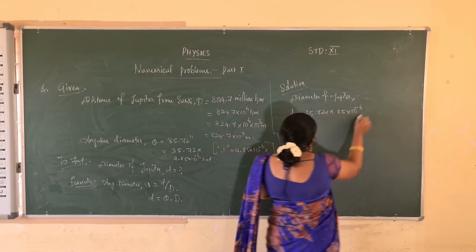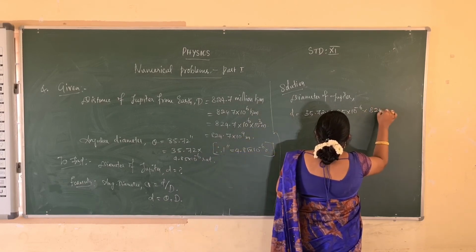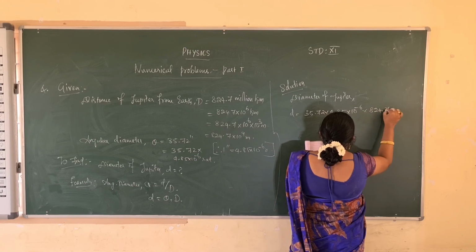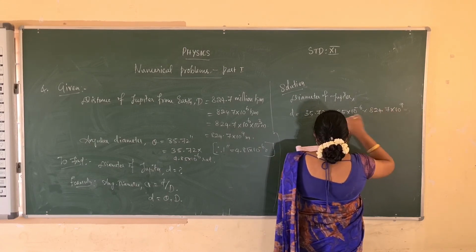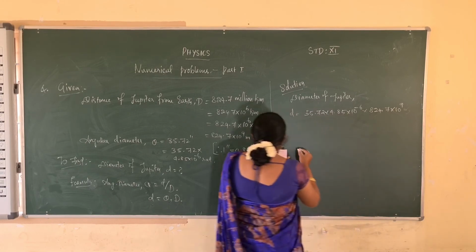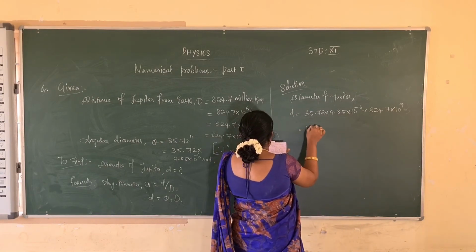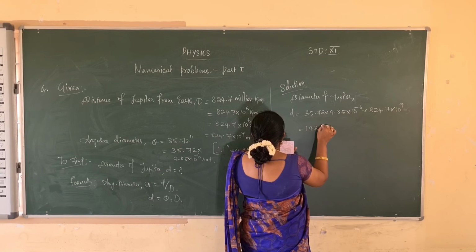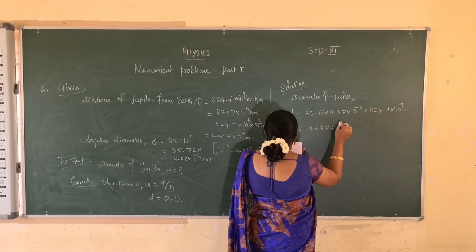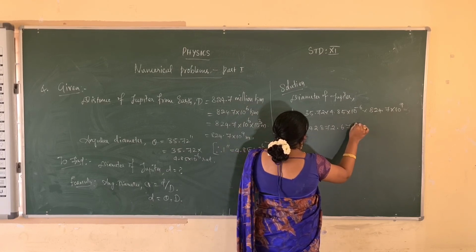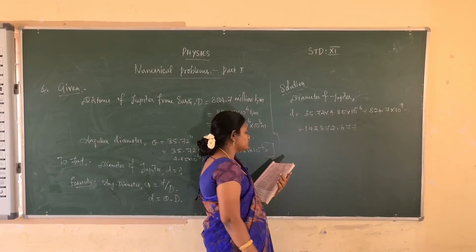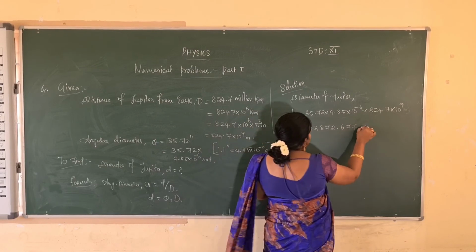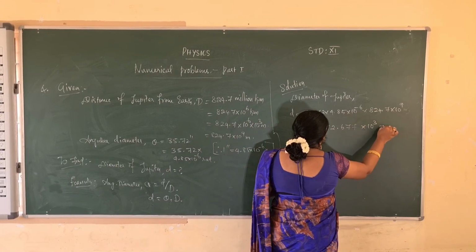824.7 into 10 power 9 meter. Okay. All the things to be multiplied to get the answer is 1,42,872.677, so 1.42872677 into 10 power 5 meter.